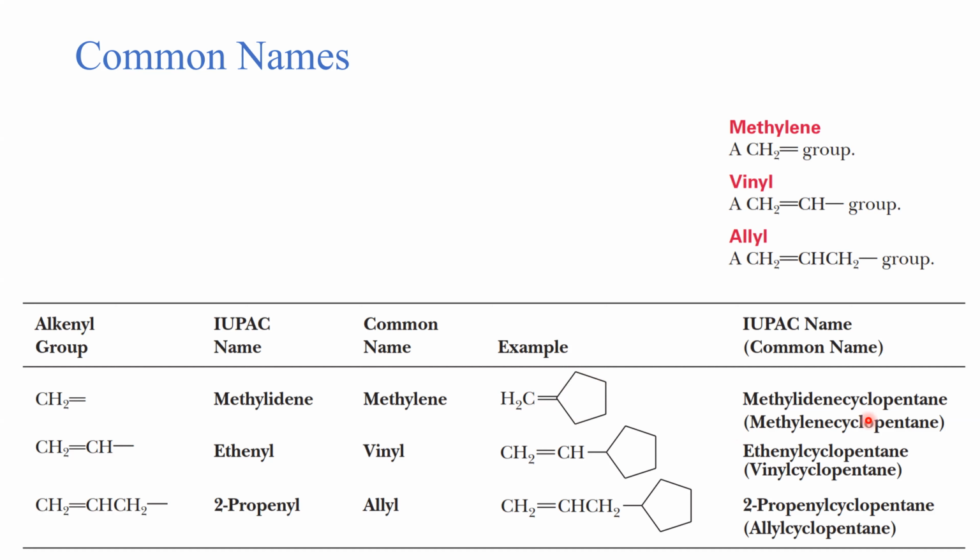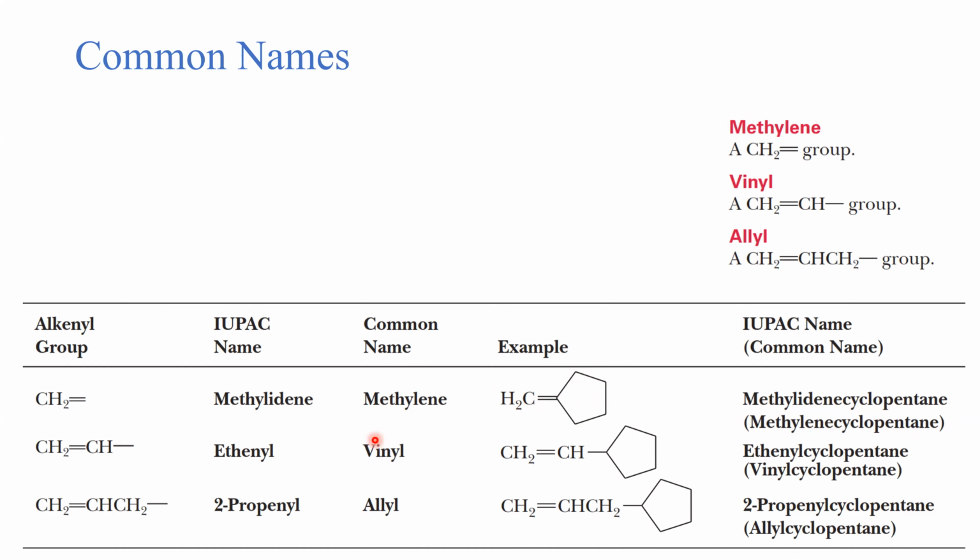We will write cyclopentane, but here this CH2 is a substituent. If we write it the IUPAC way, we will write methylidene cyclopentane, and we can use its common name also. So this is methylene cyclopentane. Some pronounce it methylene cyclopentane, so both are fine.